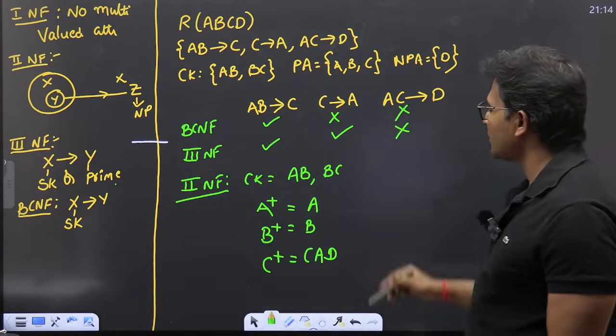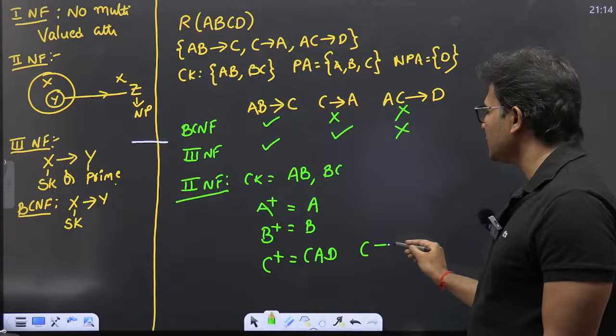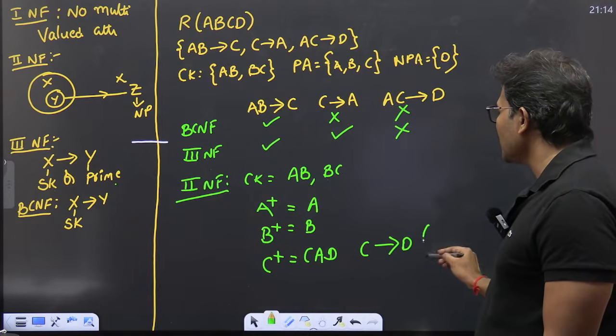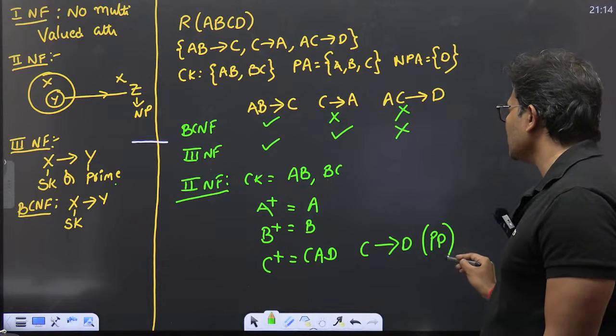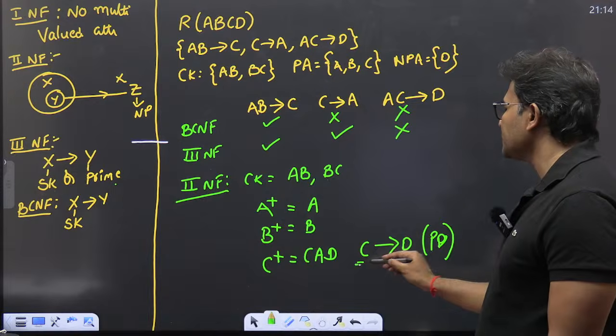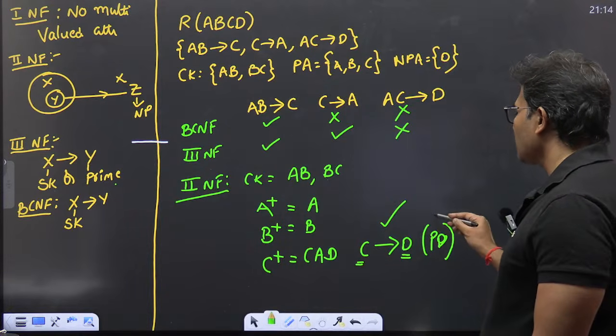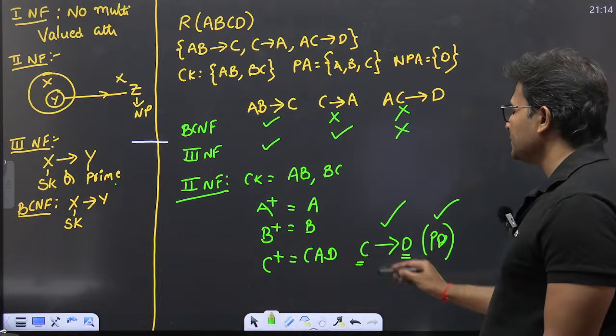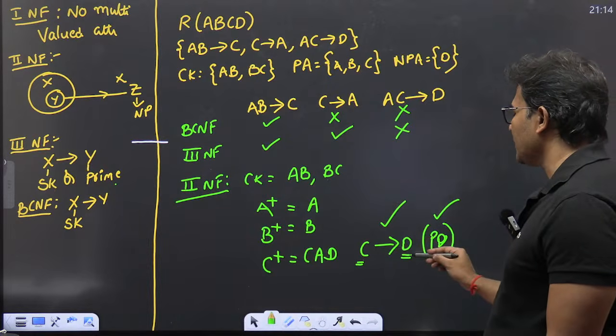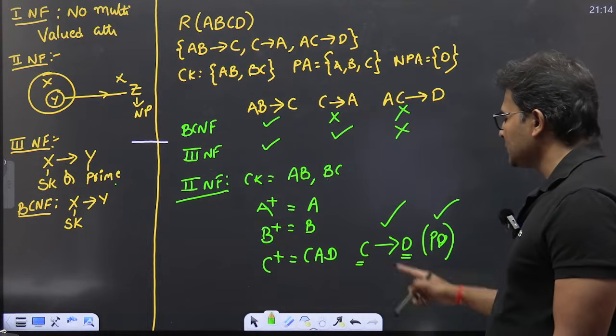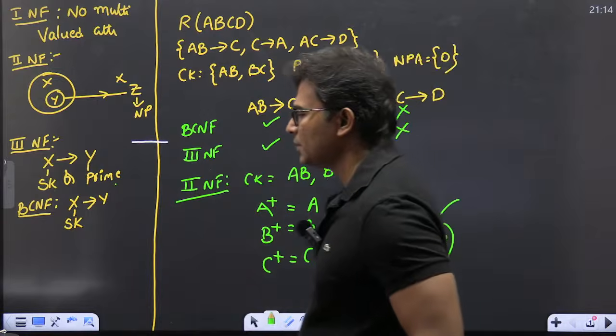D is a non-prime attribute, which means C determining D is a partial dependency. So we got a partial dependency here.